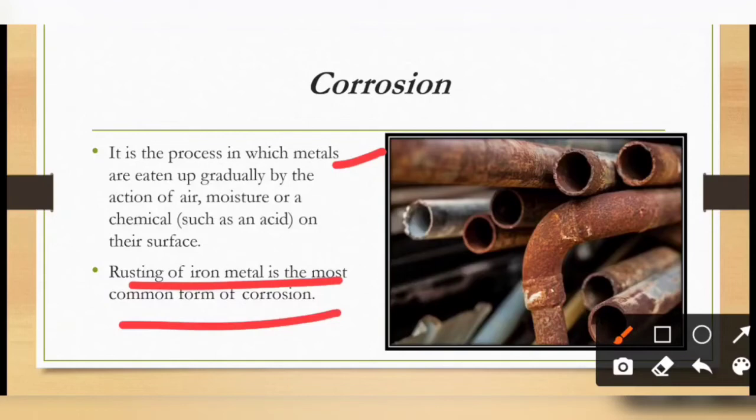Iron rusts if it is kept in the presence of air, water, and moisture. It forms a brown flaky substance that we call rust, and a completely new product is forming. It is because of the oxidation of the iron metal, right?